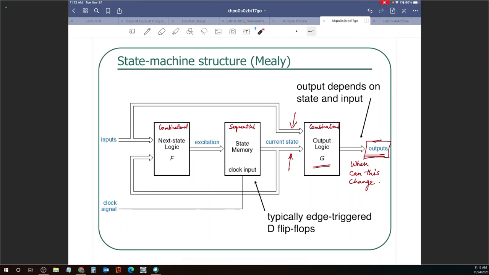So the question is, don't Moore machines depend on state and input? Oh, yeah, absolutely right. They do depend on the state, which depends on the input originally. So there is dependence on the input, but it is precisely not the input, it is the sequence of past inputs, right? So Moore depends on a sequence of past inputs.